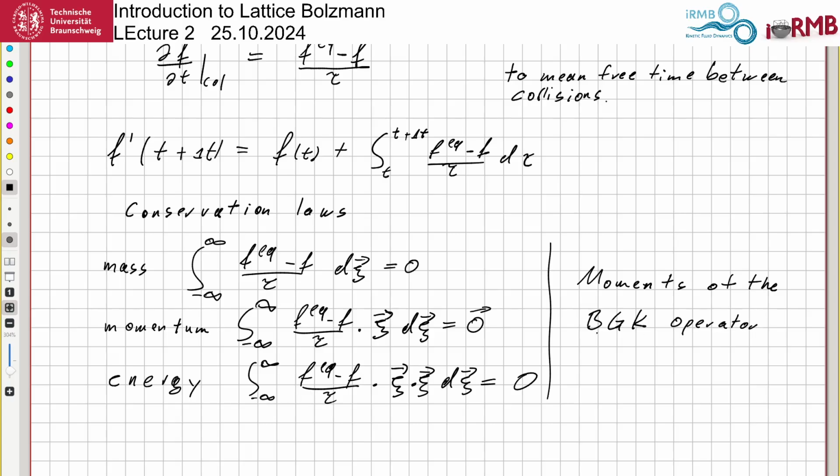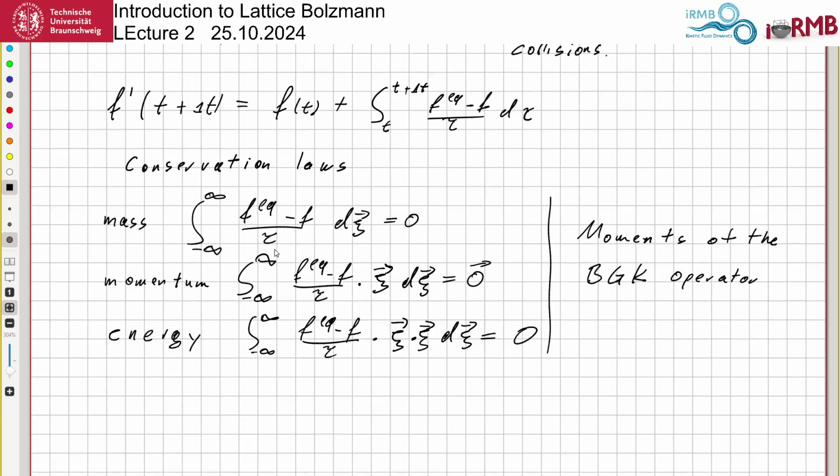The BGK is Bhatnagar-Gross-Krook, yeah, so this is how the thing is called. I personally don't like it when things are called after people. They should always be called after what they are doing, yeah, like here we may call this thing also single relaxation time operator, but it's commonly used as BGK.